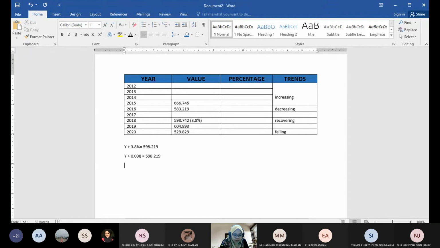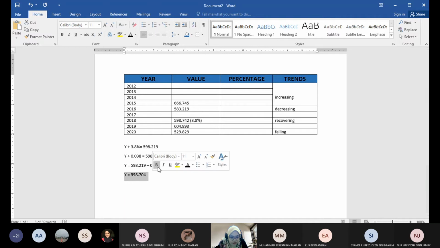So when you want to find the value of Y, dia akan jadi 0.038 tu akan tolak ke belakang, dia akan jadi 598.219 tolak 0.038. So kita akan dapat nilai Y itu. So I dapat ni lah 598.704. Okay.